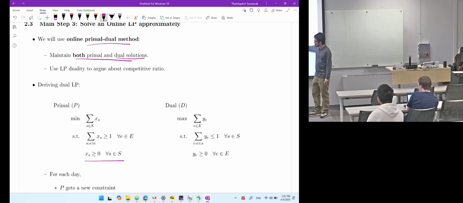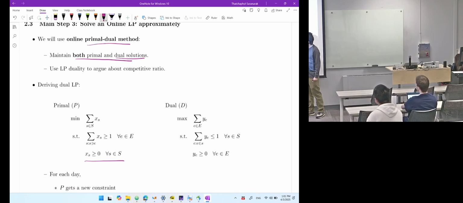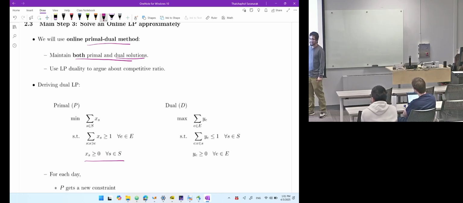Let's interpret this again. If you recall, it's like an element packing LP, right? You have a variable for each element. You try to put value into the elements as much as possible, but there is a constraint for each set: a capacity on each set, so that the packing value of all the elements in the set cannot be more than one.